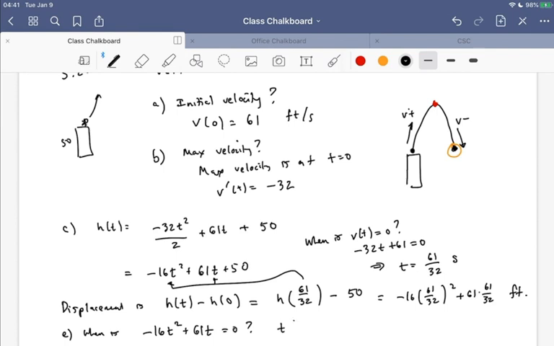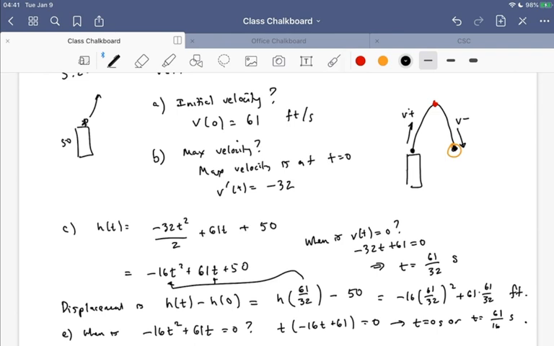So we have t times negative 16t plus 61 equals 0. That gives us t equals 0 or t equals 61 over 16. Okay. So the time when it lands is the 61 over 16.